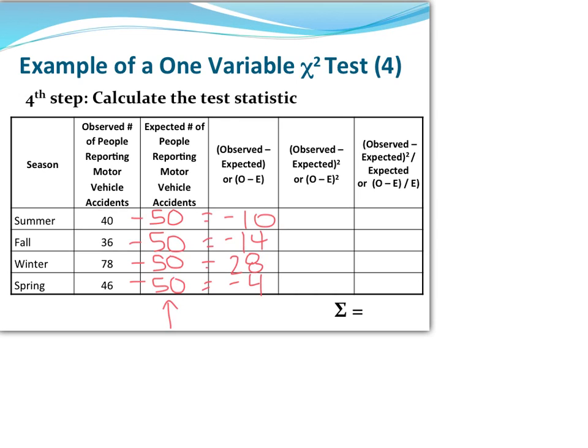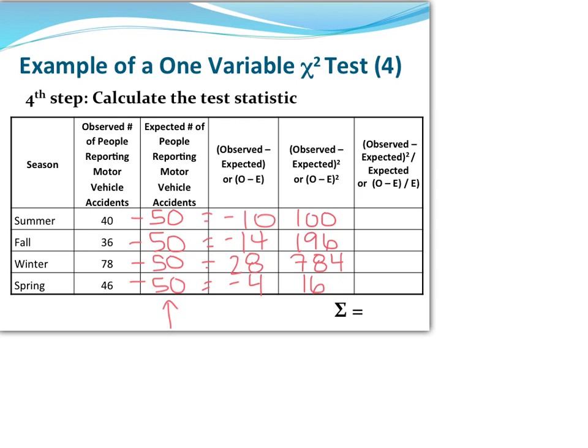We will then square each of these values. -10 squared will get me 100, -14 squared will give me 196, 28 squared will get me 784, and -4 squared will get me 16.